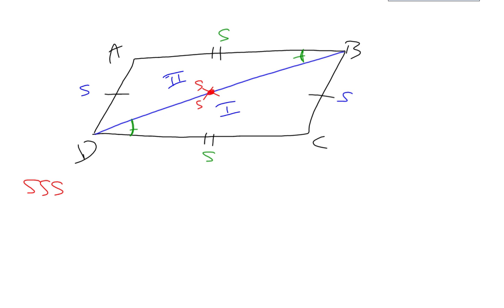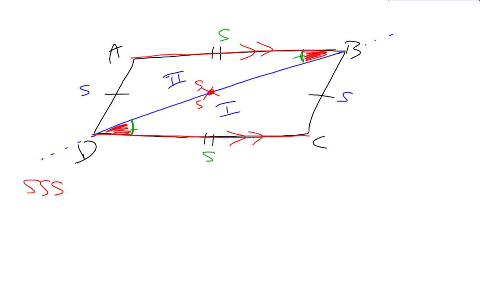Why? Because if alternate interior angles are congruent, then the lines cut by the transversal, which transversal? This transversal, BD, must be parallel. So these two lines are parallel. Well, what else do I know?